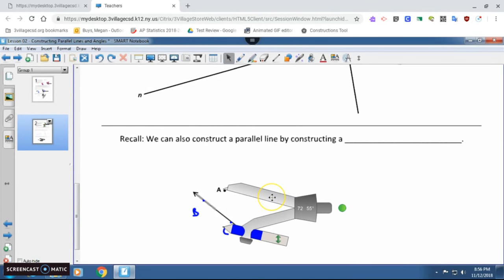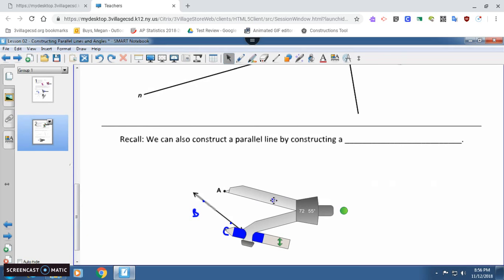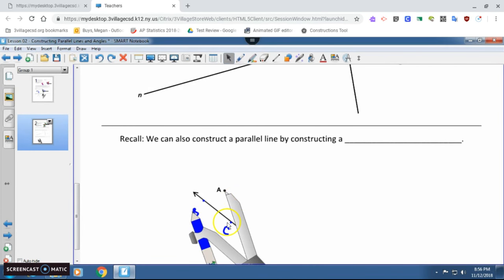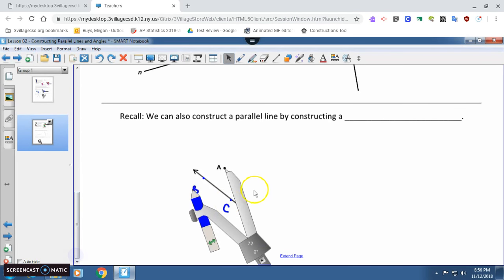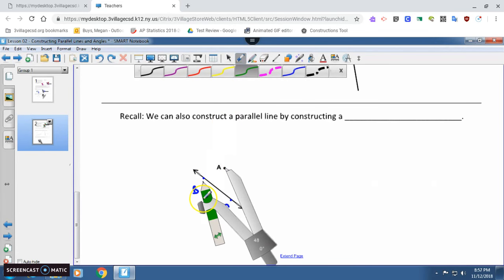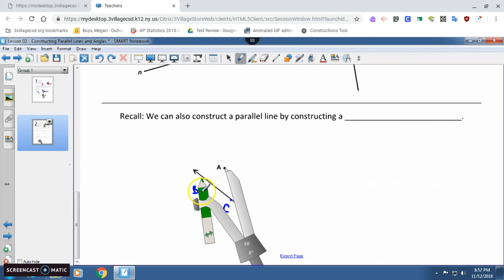Remember, when we're doing this construction, we always start with the clear piece at A, the point we are rotating around. Remember though, our goal is to be counterclockwise.